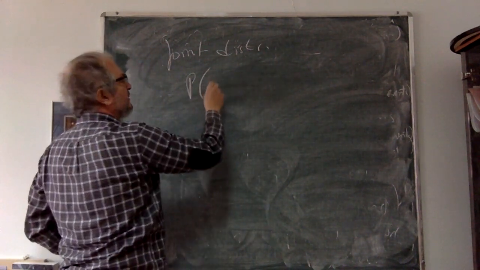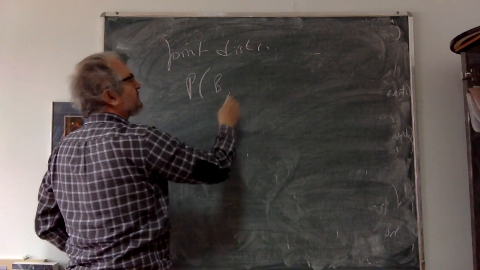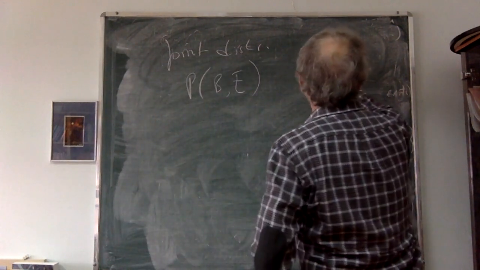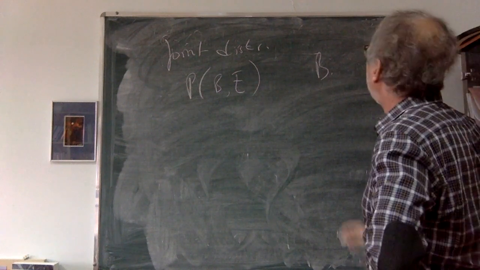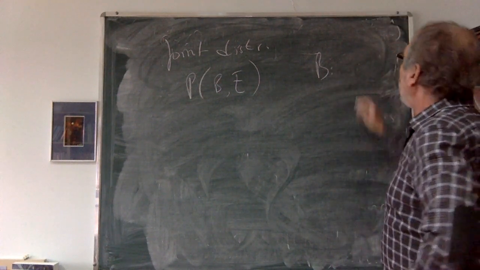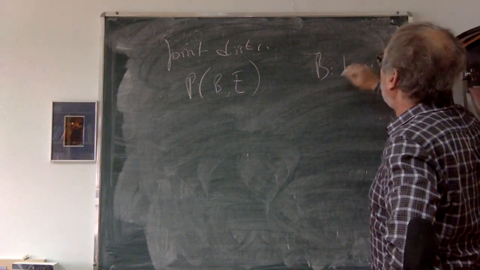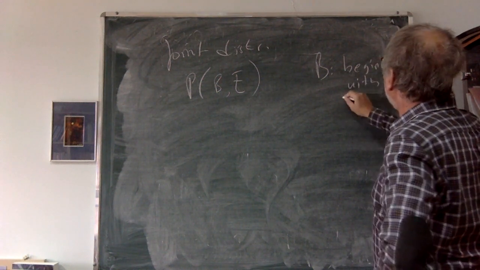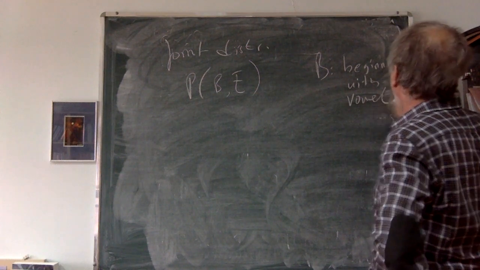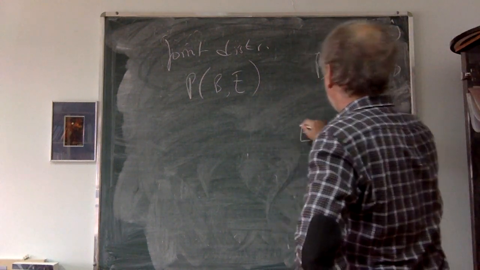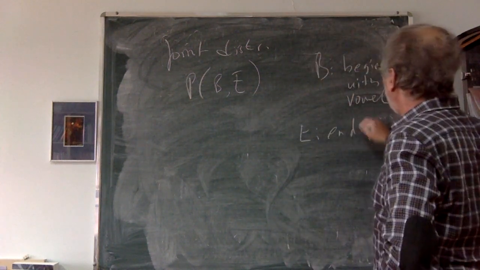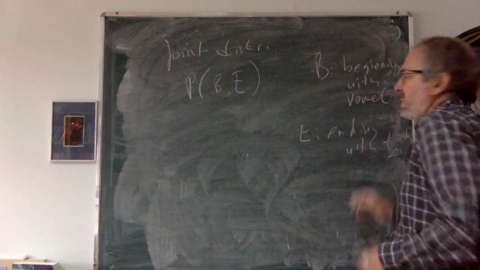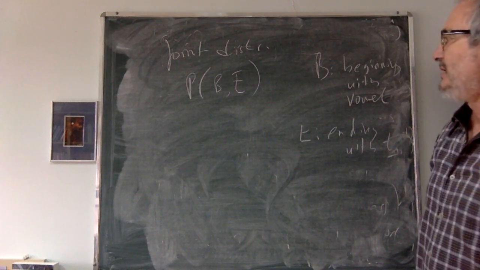Probability of, this is like beginning, the event is beginning with a vowel, E is like ending with T. I'm just making things up.